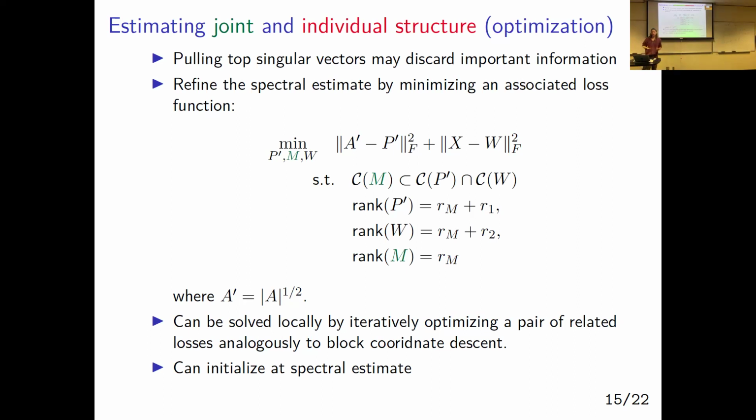Now this optimization problem, we don't have a closed form solution for it, but the idea is, why don't we initialize at the spectral estimate that we got, which has theory, so under certain conditions we can get consistency, start there, and then break this optimization problem into two related problems, like a block coordinate descent, where you fix the joint and locally optimize for the individuals, fix the individuals and locally optimize for the joint, and then continue until convergence.